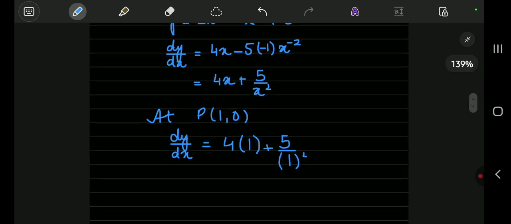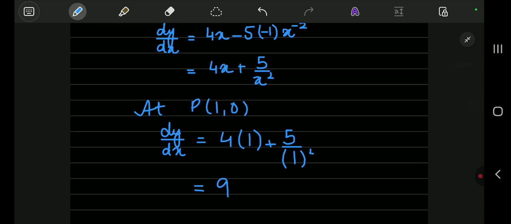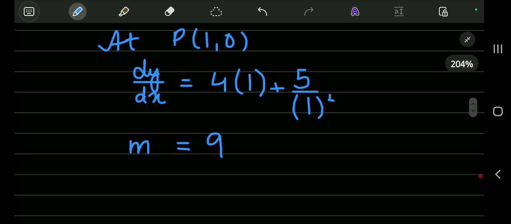So that gives you 9. 5 plus 4, 9. Okay, so this is the gradient of the tangent at point P.